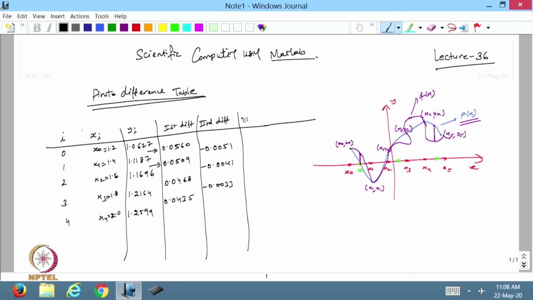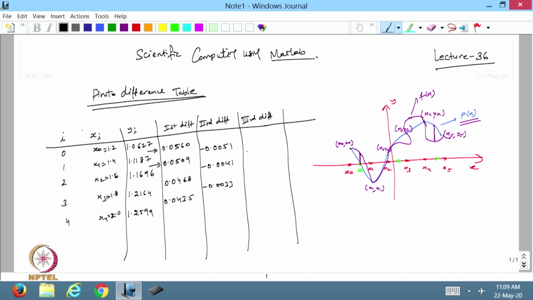Then I will take the third difference. Now, we also know that we have 5 values. In the previous lecture we discussed that if I go with these 5 values, the fourth difference will be a constant value. That we already know from the previous lecture. Now, the third difference will be this minus this.